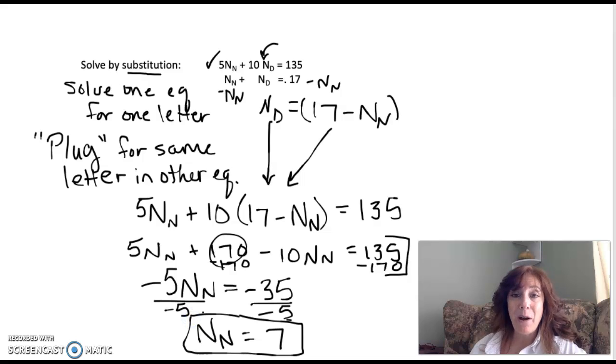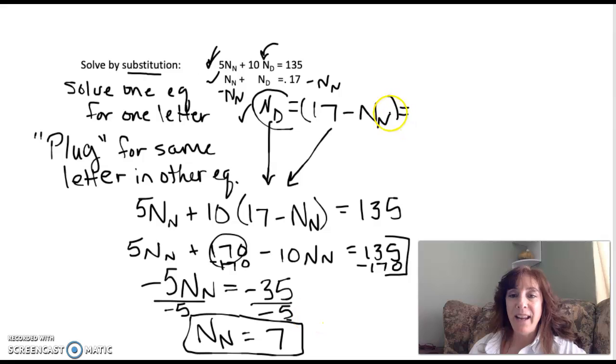I still have to find out what n of d is. I can come back to the top and I can choose this first equation or this second equation or this derived equation that I concocted, and I can figure out what n of d is. This one's already telling me n of d equals 17 minus n of n. That would be the easiest one to use.